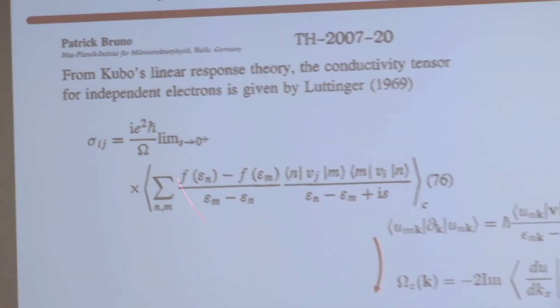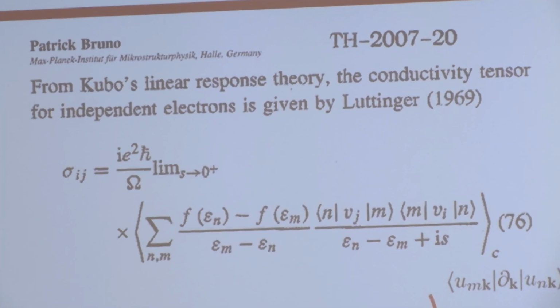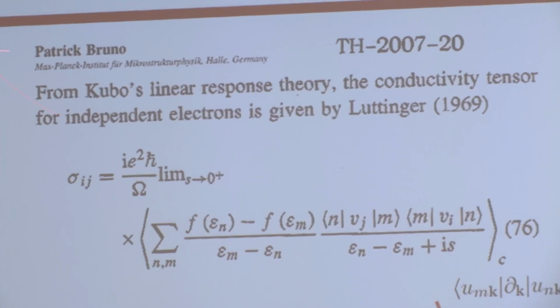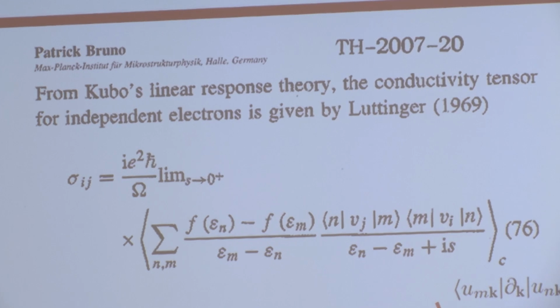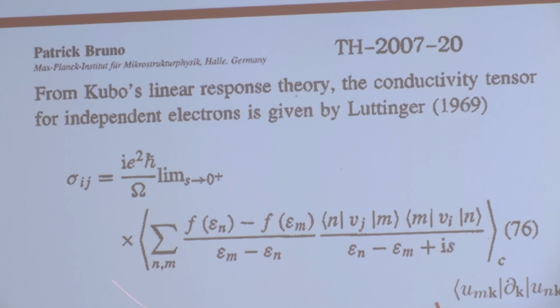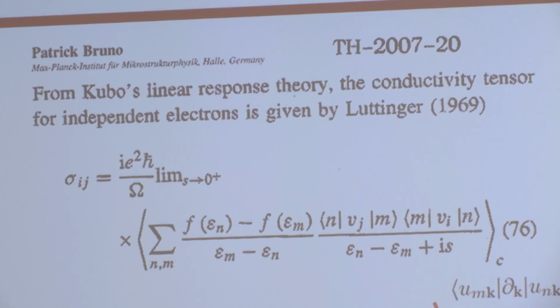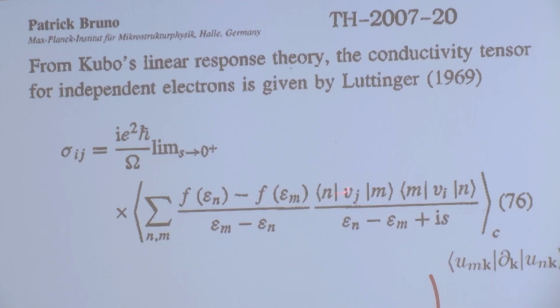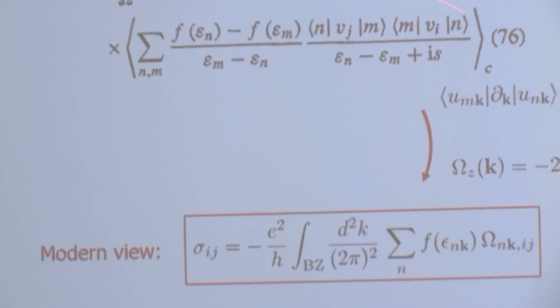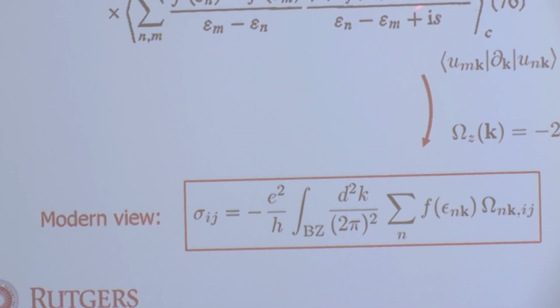I took this piece of a presentation from a little review by Patrick Bruno. But the point is that in those days they wrote this down using the Green-Kubo formalism as a linear response property, and it looks like this. Let me just explain how it gets into the form of a Berry curvature. In the linear response, you have these matrix elements of the velocity operator.